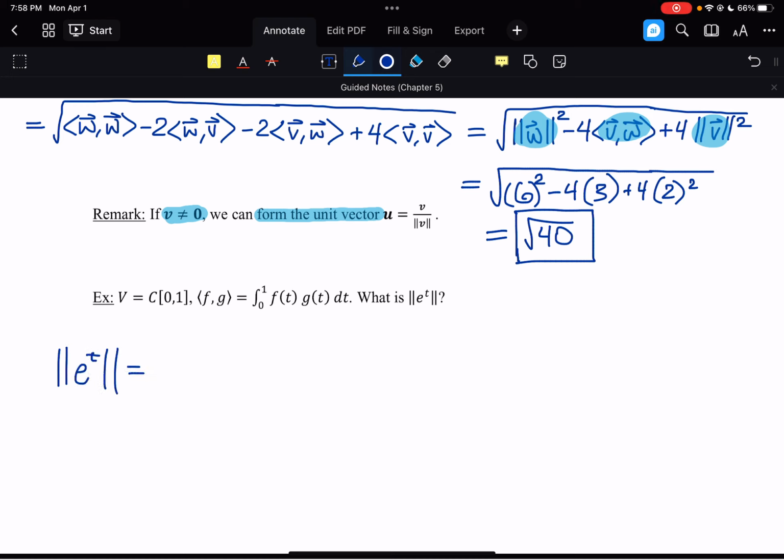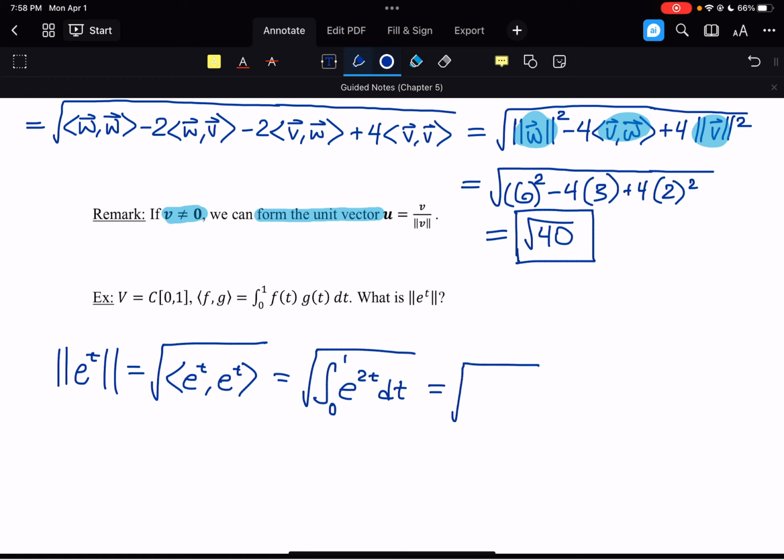So the length of e to the t is the square root of the inner product of e to the t with itself. So we get the square root of the integral from 0 to 1 of e to the t times e to the t, so that's e to the 2t dt. Take the antiderivative of this, that's 1/2 e to the 2t from 0 to 1.